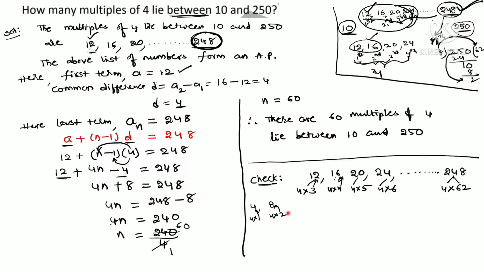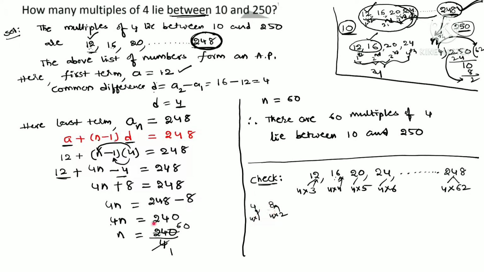Are you getting the idea? This is first multiple, second multiple, third multiple, fourth multiple, fifth multiple, sixth multiple. This is the 62nd multiple. But as per this question, in between 10 and 250 only.